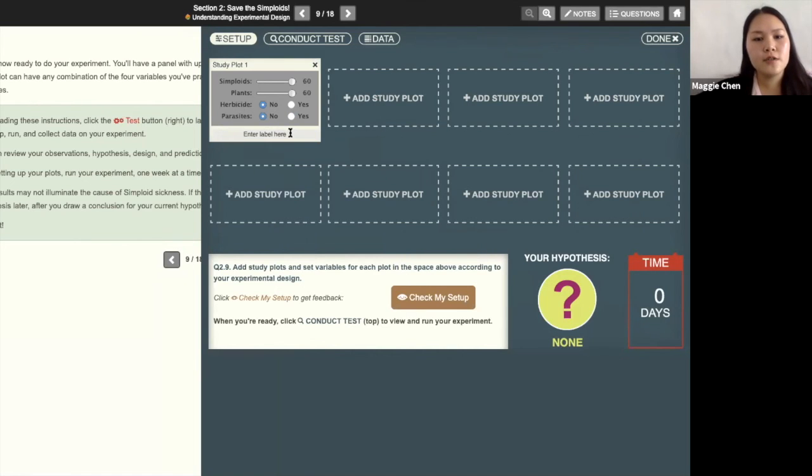And say for our control, we would want to have both symploids and plants, but no herbicides and parasites. At the bottom here, you can type in the name for your plot to indicate what you are trying to study. But that is the brief setup for section 2.